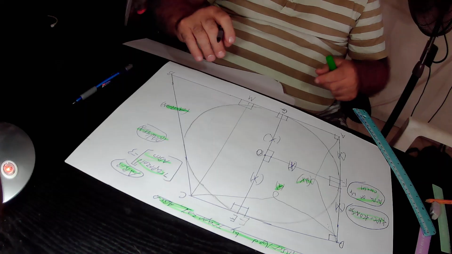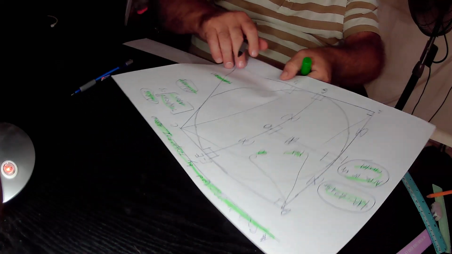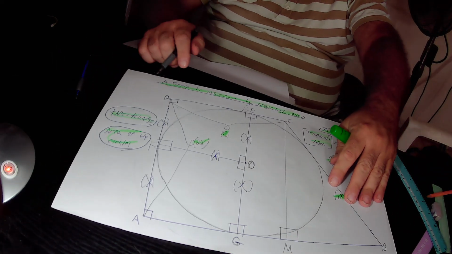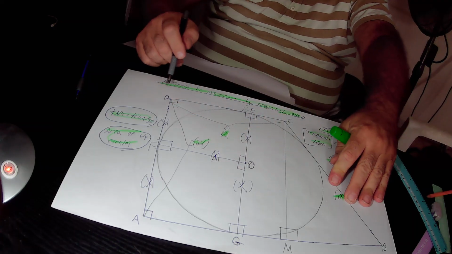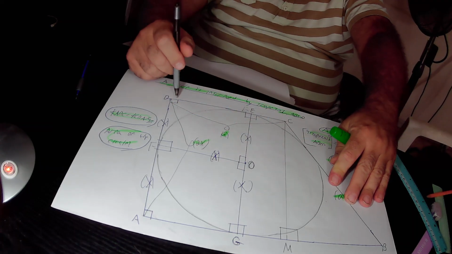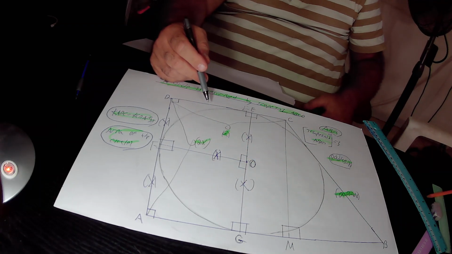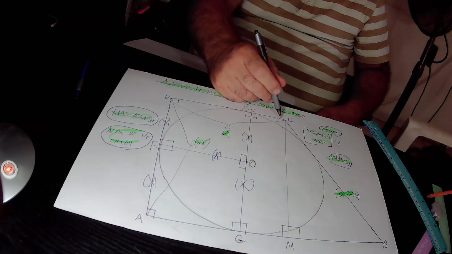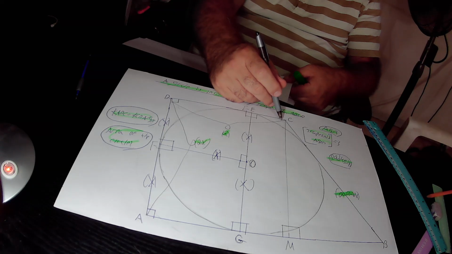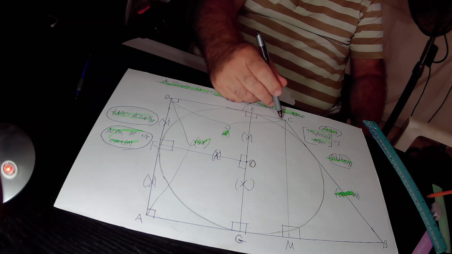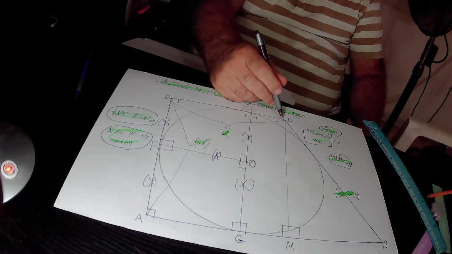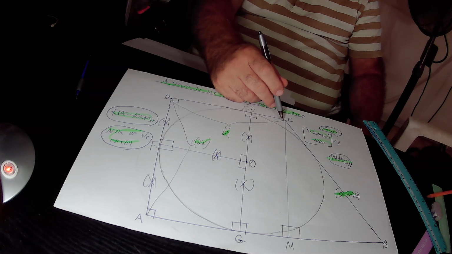By doing this construction, we created the big quadrilateral DCMA. Inside the big quadrilateral DCMA, we have 1, 2, 3 right angles. The sum of 3 right angles is 270 degrees. So 270 degrees plus the size of this fourth missing angle must equal 360 degrees, according to the rule that the sum of the angles in any quadrilateral is equal to 360 degrees.